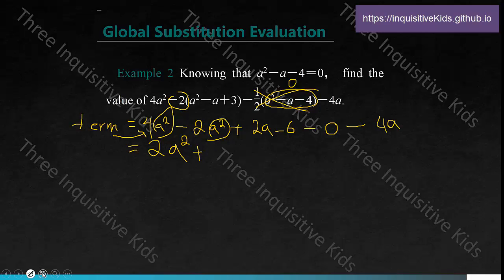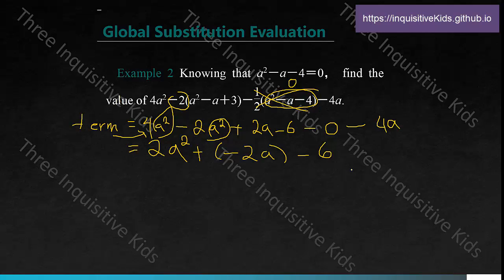But we see that this is a larger value than 2a and this is being subtracted from it. That would just be negative 2a. And then we have negative 6 minus 0, that would just be negative 6.